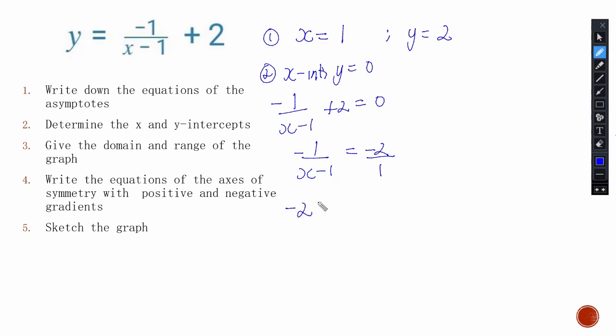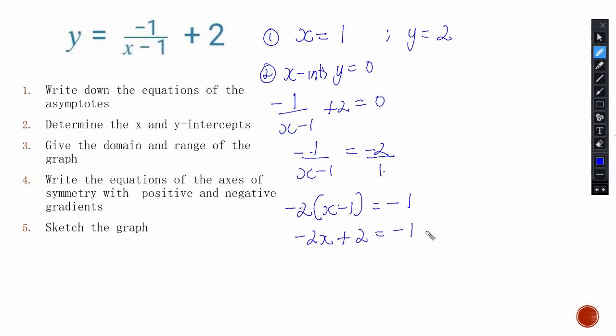We're going to have -2 bracket x minus 1 is equals to -1 times -1, and -1 times +1 is -1. Now if we multiply inside, that's -2x, and then this multiplied by that, that's +2, and it's equals to -1.